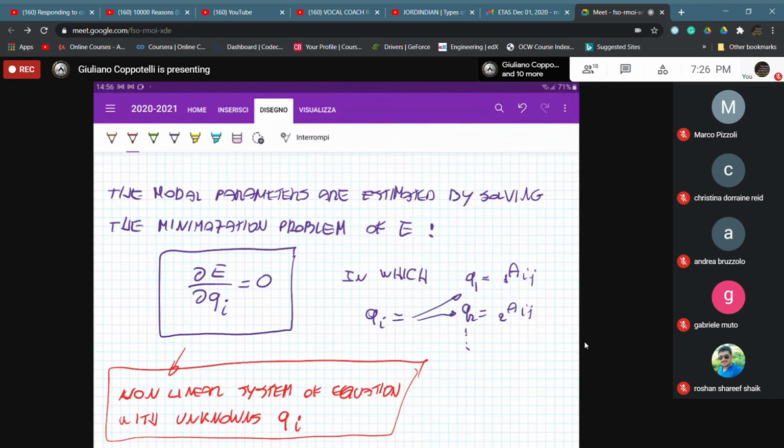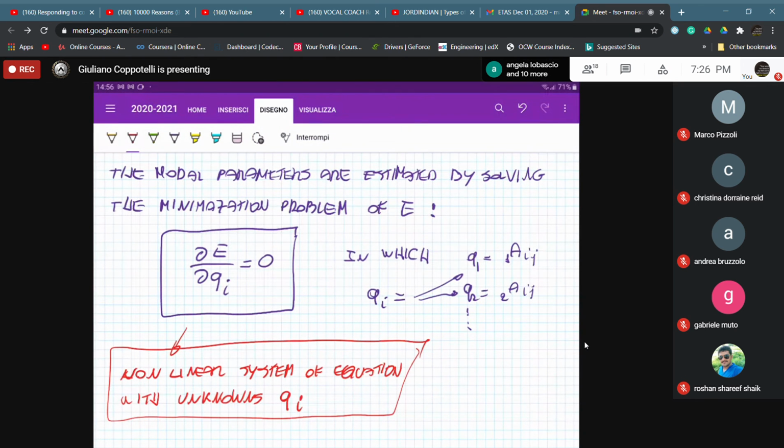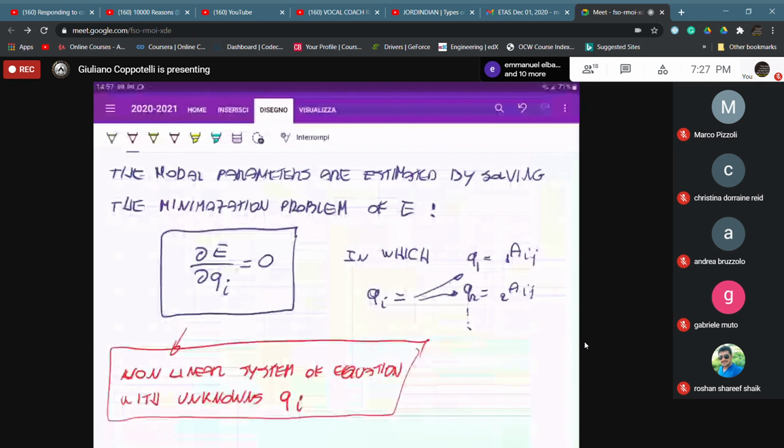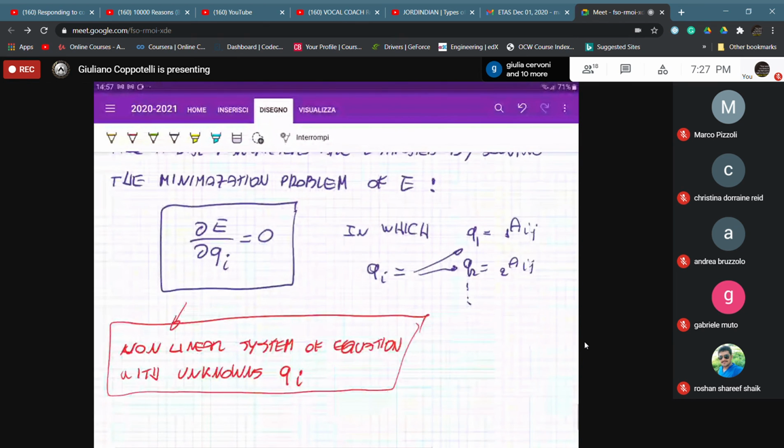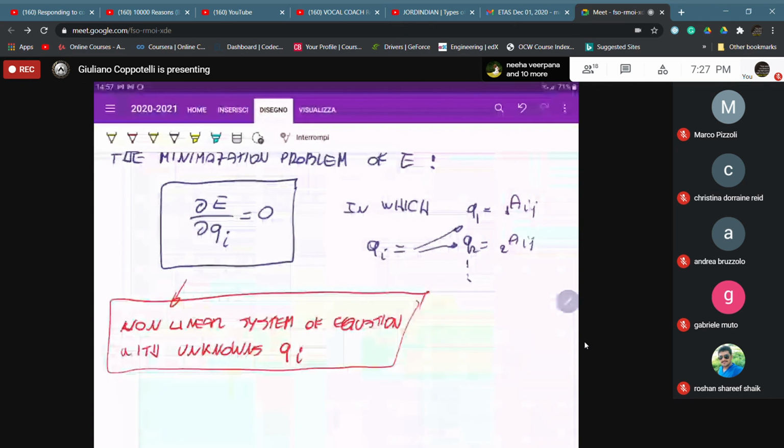So all the methods could refer to this basic equation, and of course the way these methods solve this basic equation is completely different from one software house to the next one. However, the solution in terms of model parameters is obtained from this equation.